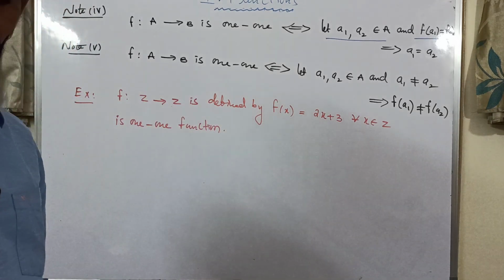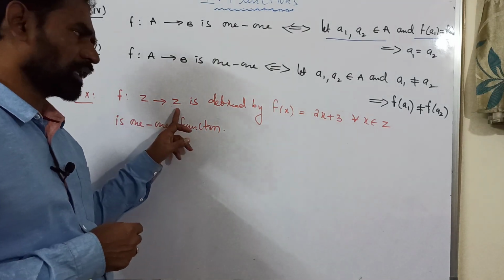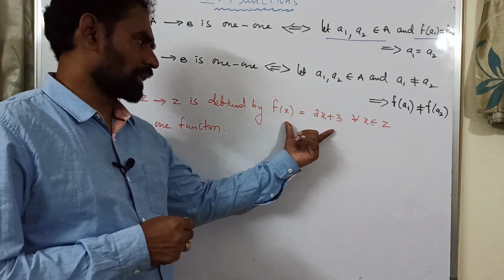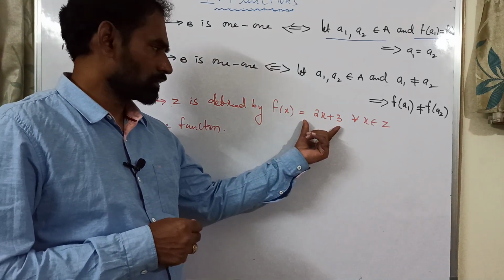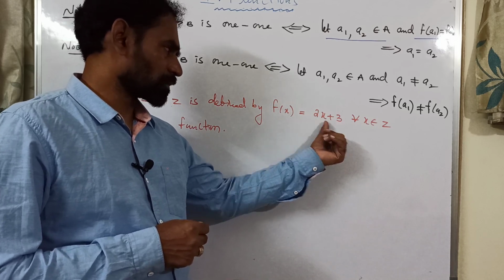Why? Z is the domain, codomain also Z here. f of x is like this, a linear function, of the form ax plus b.